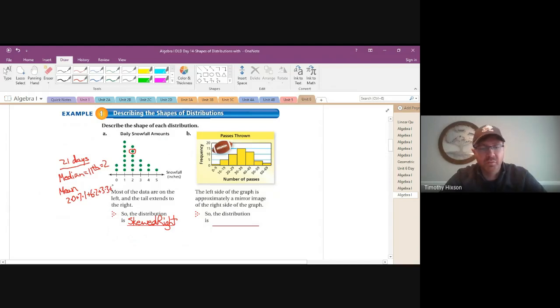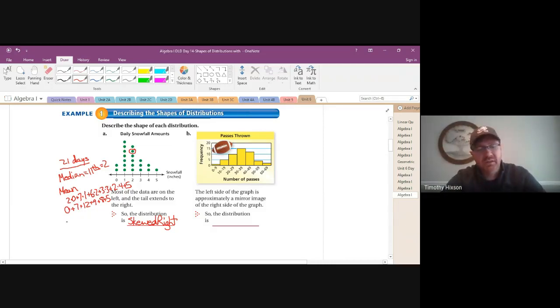Plus there are 2 fours, so 2 times 4. Plus there's 1 five. I'm adding up the values here. 2 times 0 is 0, 7 times 1 is 7, 6 times 2 is 12, 3 times 3 is 9, 2 times 4 is 8, and then we've got the 5. So I add all those up now, and I get 19, 28, 36, 41.